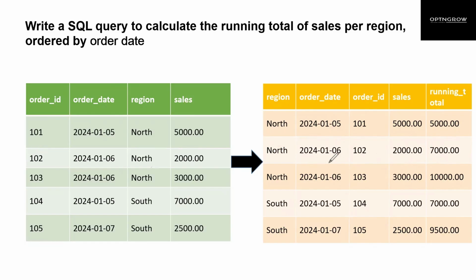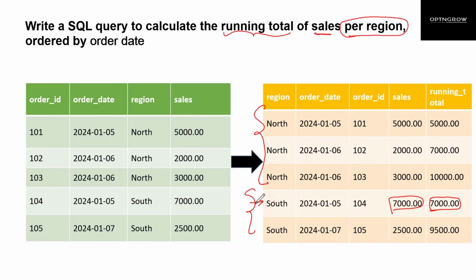Okay, moving ahead, let's look into the south region. For the south region, you can see the running total is 7,000, which is the same as the sales. Here the requirement is to calculate the running total of sales per region, so I want a separate window for every region, as simple as that.